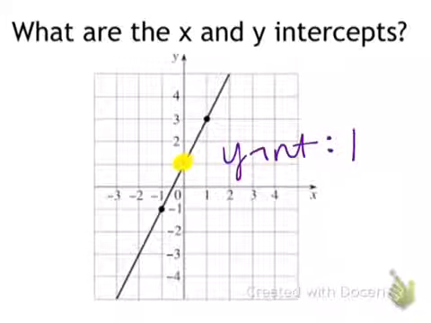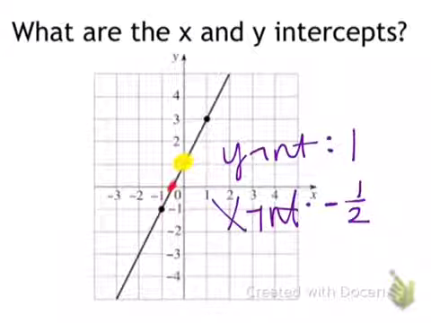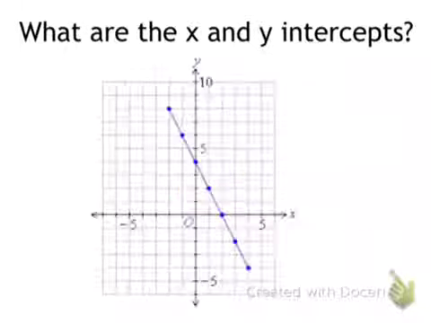All right, my x-intercept is going to be wherever my line crosses my x-axis. So looking at that, my x-intercept is actually going to be in between 0 and -1, halfway, which would be -1/2, or negative 0.5. So if it asks you just to say what the x and y intercepts are, just look at your axis, the x and the y, and see where your line is crossing.